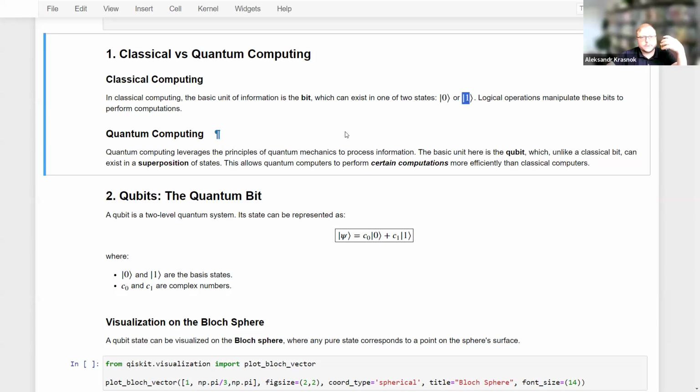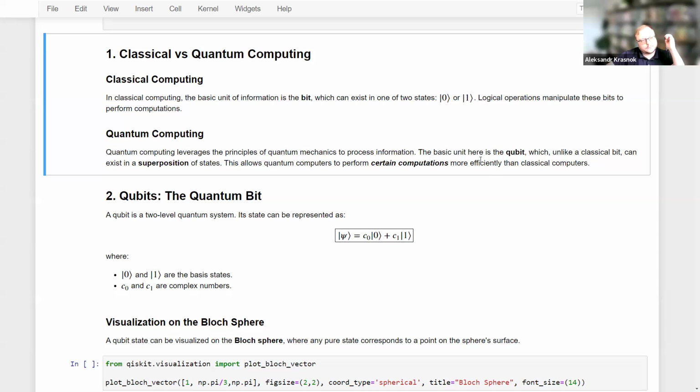In quantum computing, we introduce a fundamentally new concept of a qubit, which can exist not only in 0 or 1, but in both of these states simultaneously, with different probability of finding the qubit in state 0 or state 1.